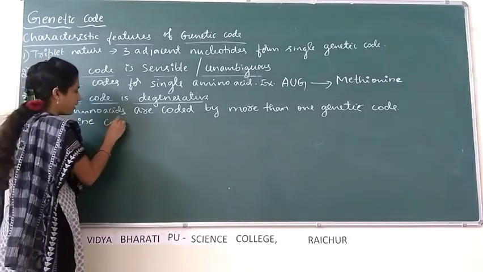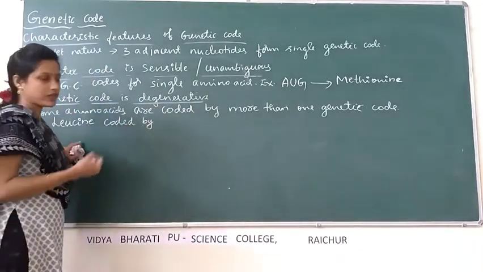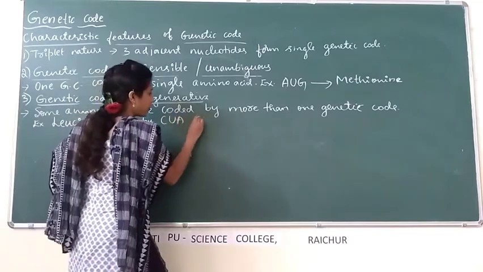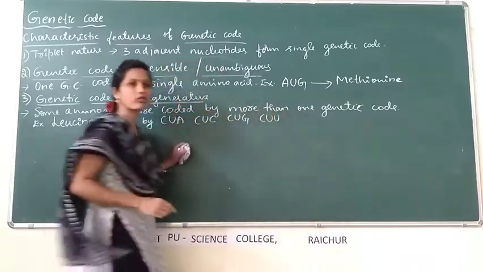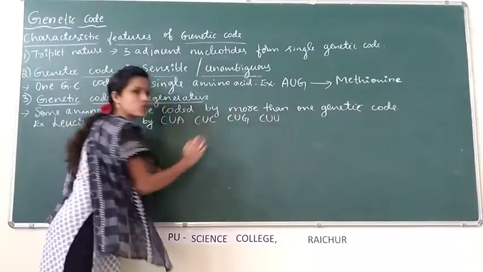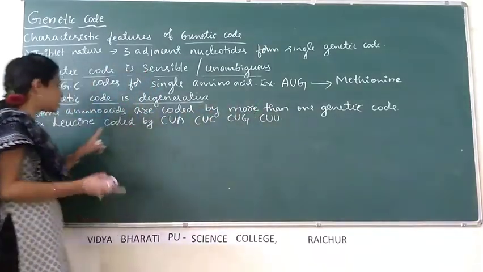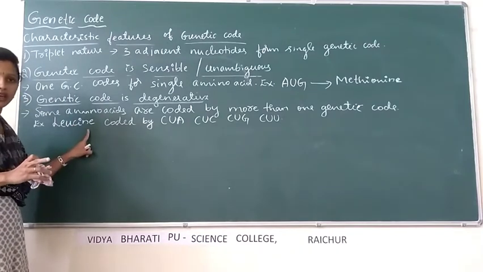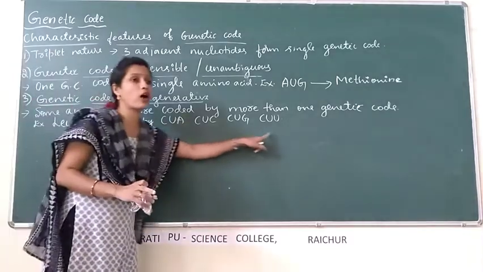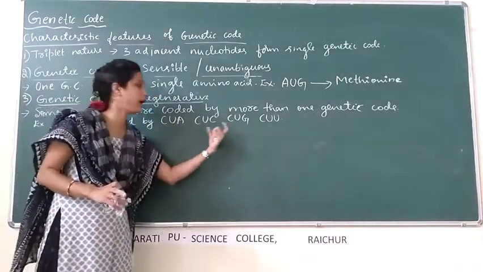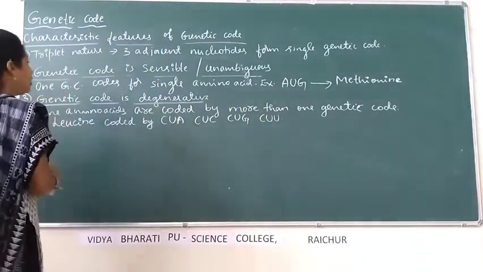It is coded by more than one genetic code, such as CUA, CUC, CUG and CUU. See, here 4 genetic codes are present, and all the 4 genetic codes are for a single amino acid, that is leucine. Means leucine is coded by 4 genetic codes. Means genetic codes are degenerative.